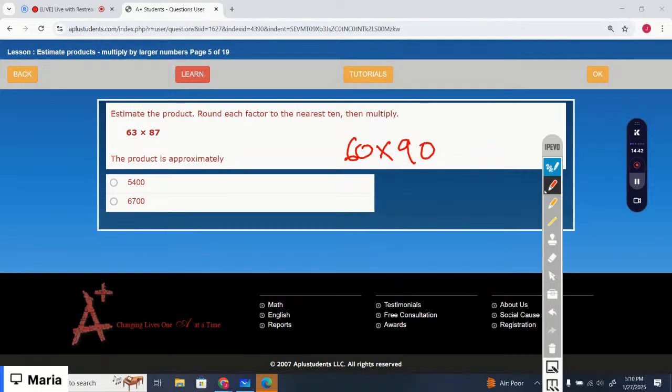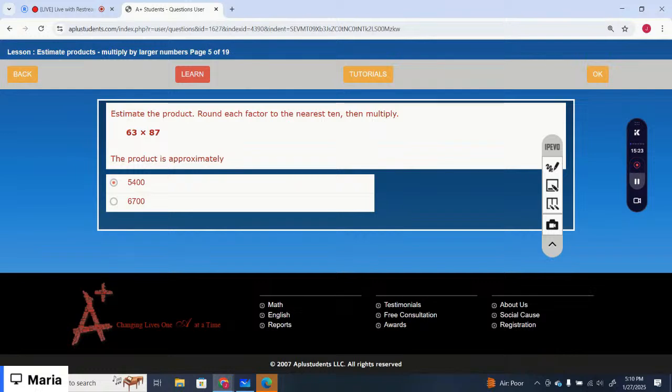So which is the correct option? That is 5400. 9 times 6 is 54, so option number 1 is the correct option.